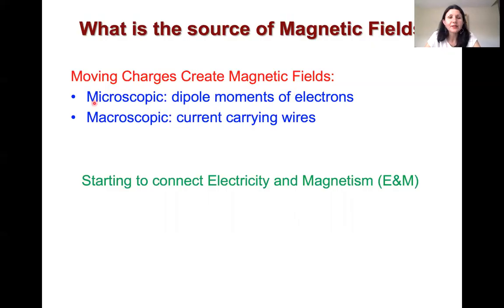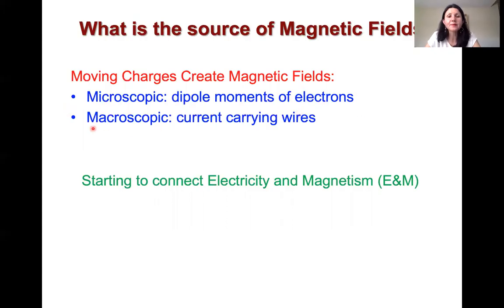You can think about it on a very small microscopic scale: the electrons themselves, for example, have dipole moments, and electrons spin. So it's that motion that causes these magnetic fields.